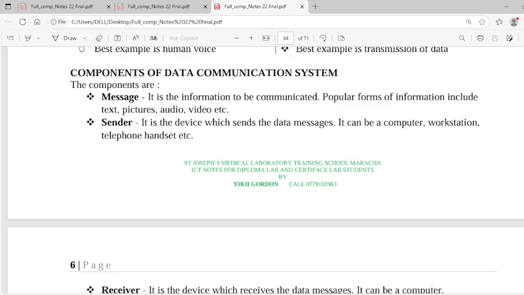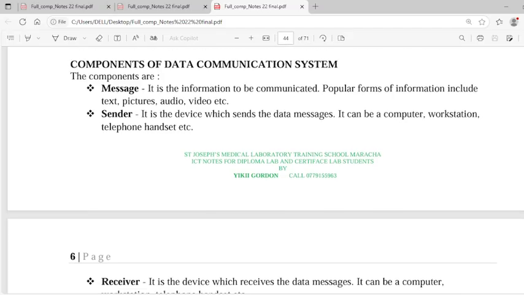Then the second component of a communication system is a sender. A sender is the device which sends the data message. This device can be a workstation, a server, a computer, a phone, or any other thing, so long as the device is able to send information from itself to another device.